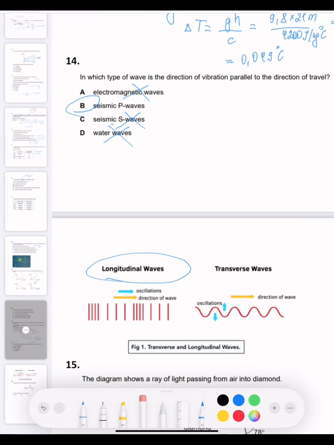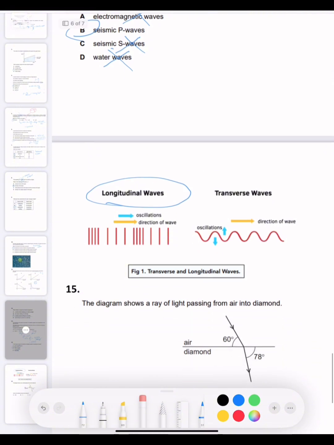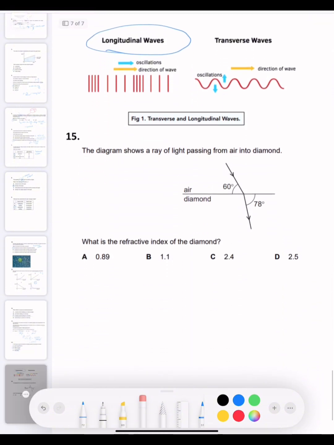And the last question, 15, is about refraction of light. The diagram shows a ray of light passing from air into a diamond. What is the refractive index of the diamond? Let's remember the formula for refractive index. n is equal to sine i over sine r. Here, i is the angle of incidence, r is the angle of refraction.